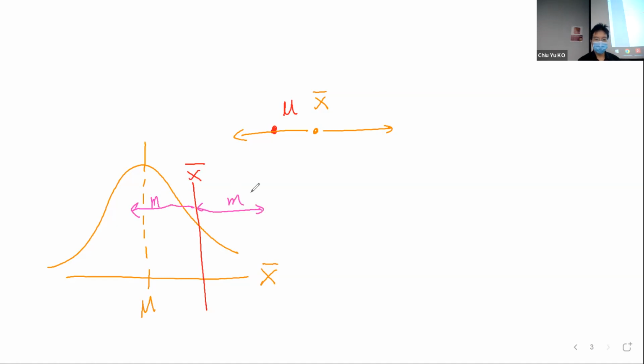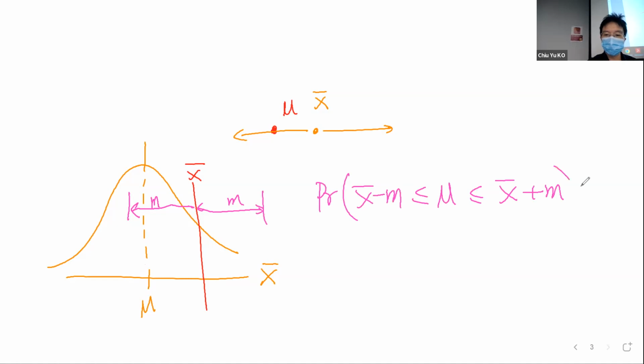This is my guess point, I go left by something, I go right by something. An interval estimate would be saying that I have high probability that this interval will actually include mu. The probability that this mu is within plus m minus m, m is the distance, is very high.